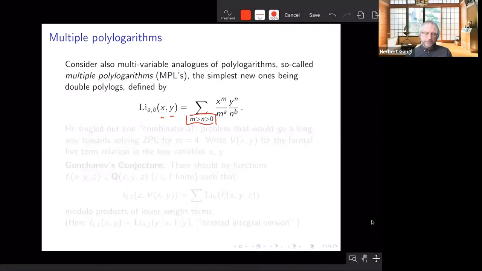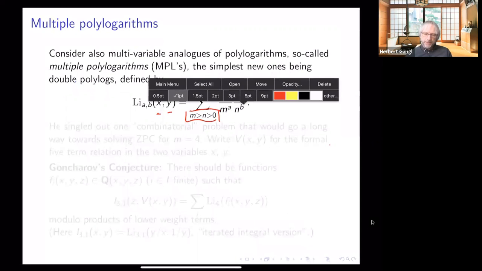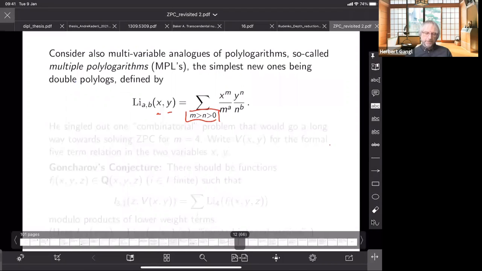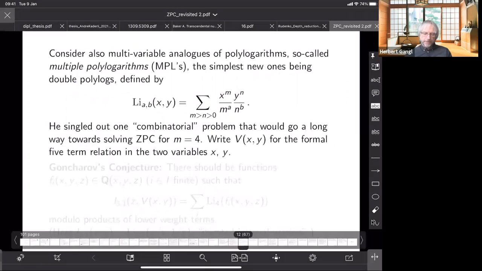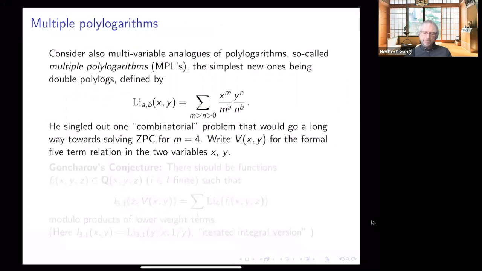And then he singled out a combinatorial problem that would help quite a lot already in finding possibly a solution for the conjecture in m equals 4.